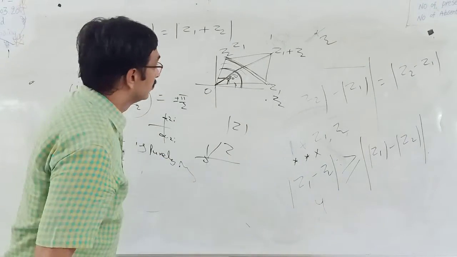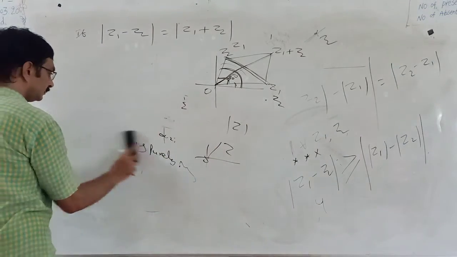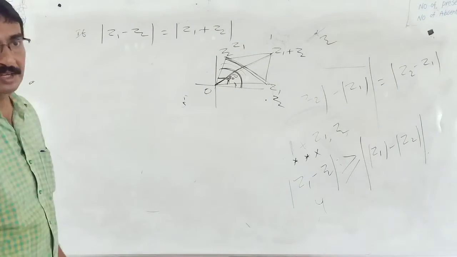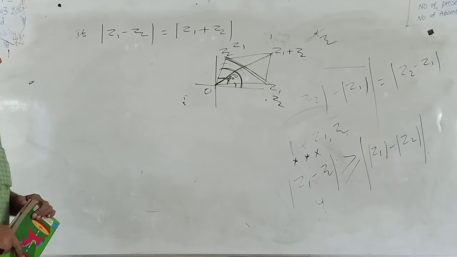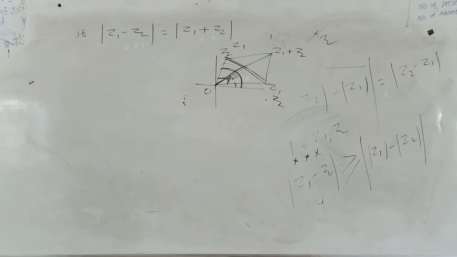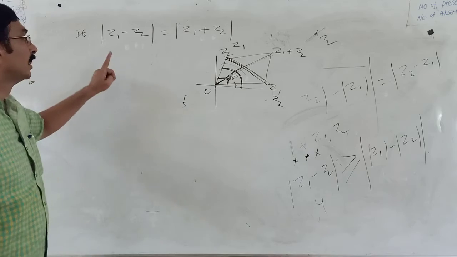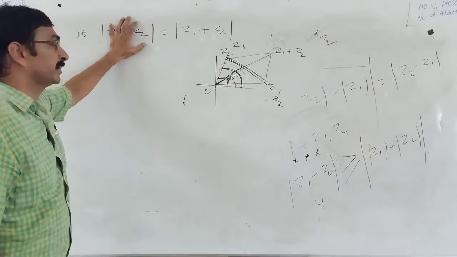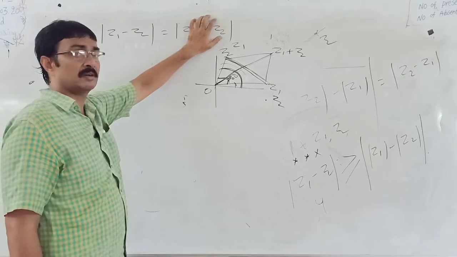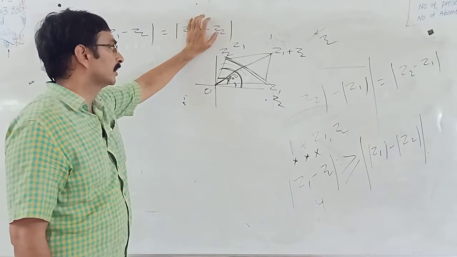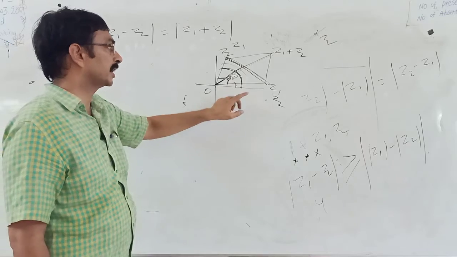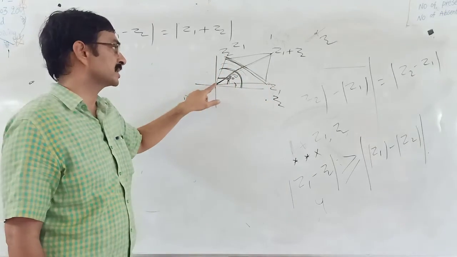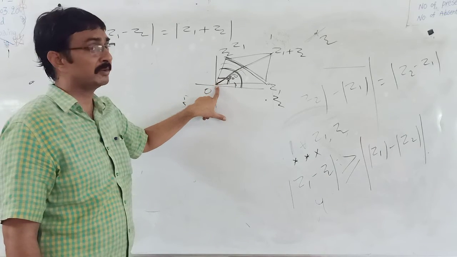Okay. So this is about the question of Z1 minus Z2 for complex numbers Z1, Z2. In this, you have to find out two things. One is the figure related to this one: modulus of Z1 minus Z2 equal to modulus of Z1 plus Z2, then the line segment joining Z1, Z2 subtends a right angle at origin. Very, very important.